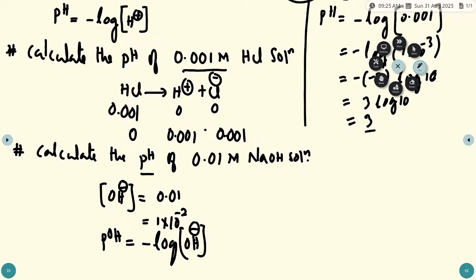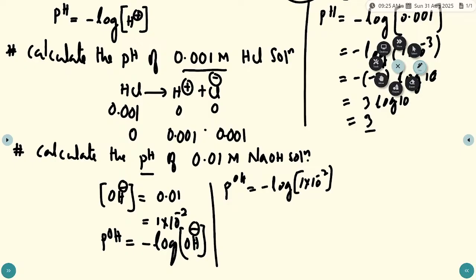Substitute the OH minus ion concentration: pOH is equal to minus log of 1 into 10 to the power of minus 2.